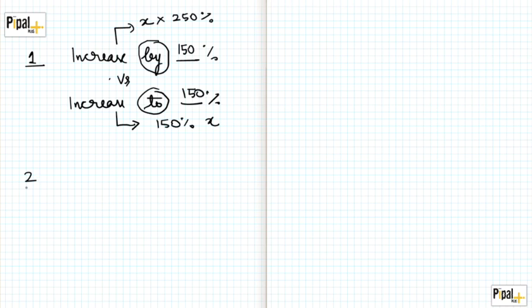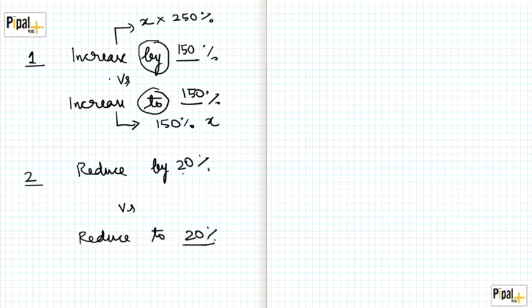This same problem occurs when we have to reduce by 20% and we have to reduce to 20%, right? In both these cases, if x must be reduced by 20%, then my answer is 80% of x.